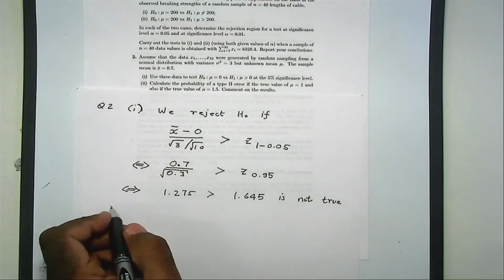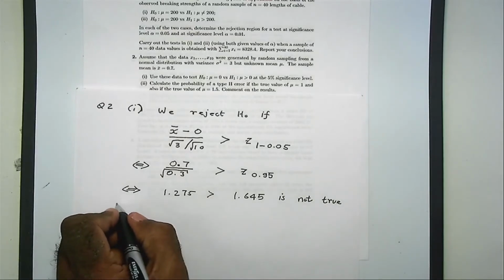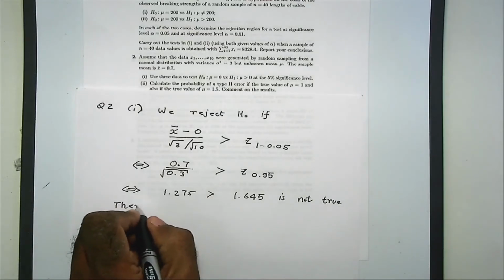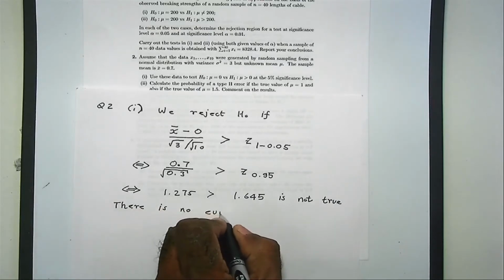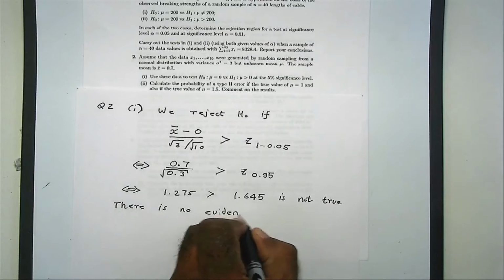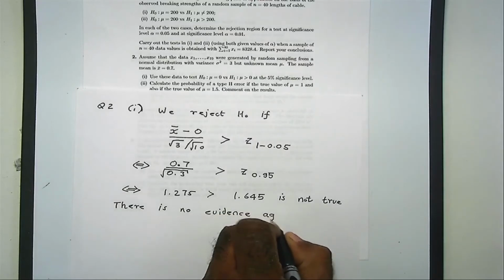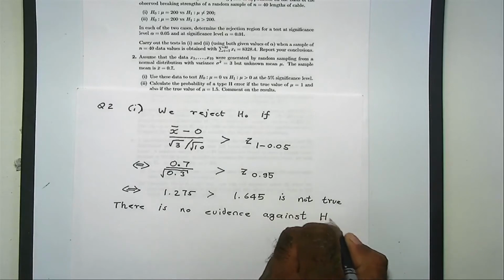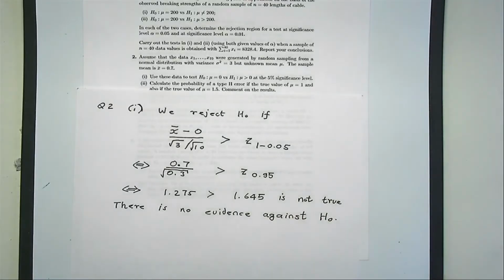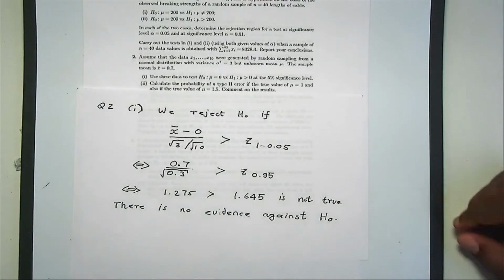So the conclusion is that there's no evidence against the null hypothesis, right? All right, so that's part 1.